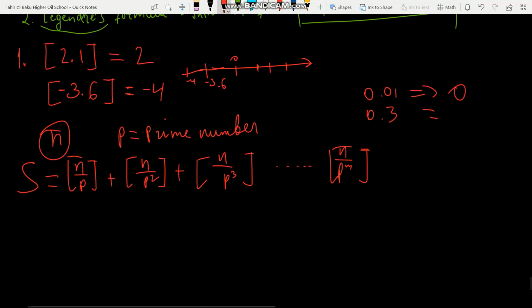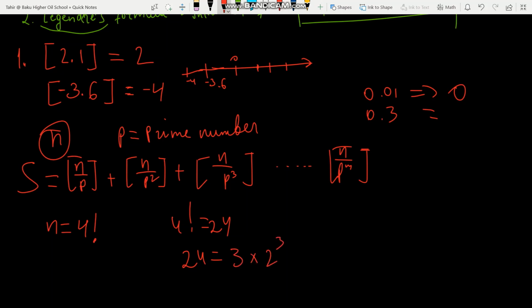For example, we take n to be 4 factorial, and let's find the maximum power of 2 in our factorial number. 4 factorial is equal to 24, and 24 can be written as 3 multiplied by 2 cubed, which means the maximum power of 2 in our factorial number is 3.